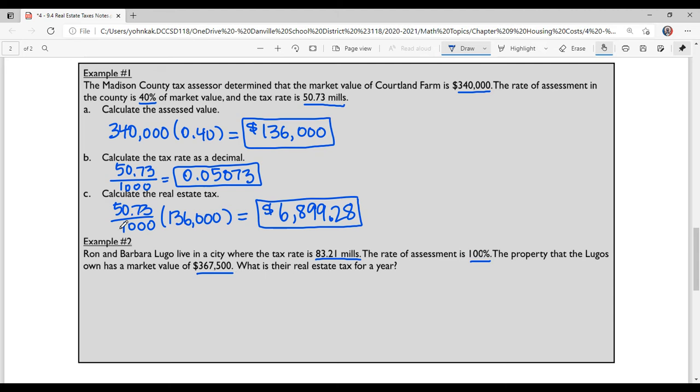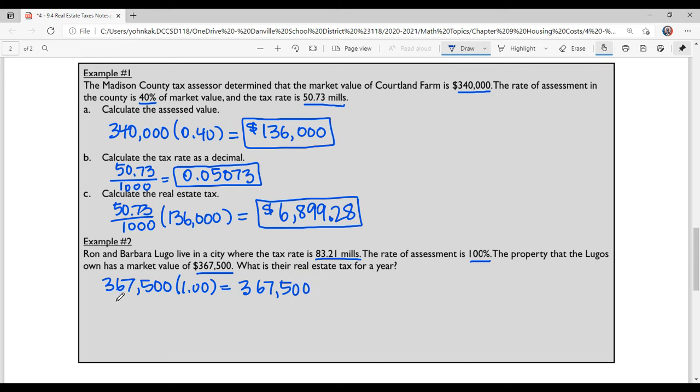So we first need to find the assessed value. So we take the market value, 367,500, and multiply by the rate of assessment. So 100% is 1.00. So that means we're taxed on everything. So $367,500.